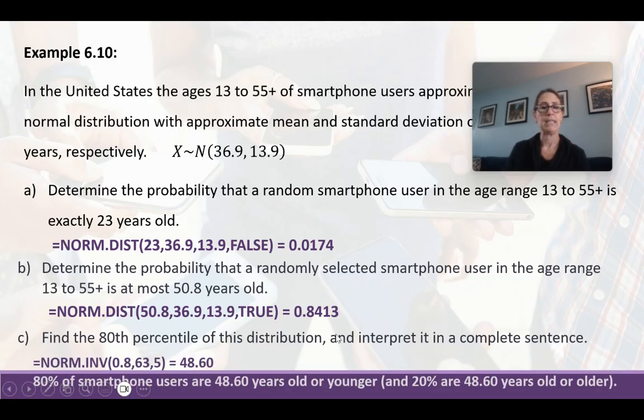So what this means is that 80% of smartphone users are 48.6 years old or younger, which means 20% are 48.6 years old or older. Now, again, we're just looking at smartphone users in this age range of 13 to 55 plus, but of that age range, 80% are 48.6 years old or younger.